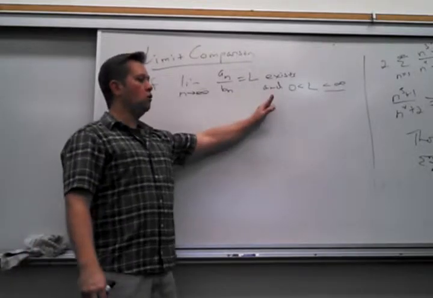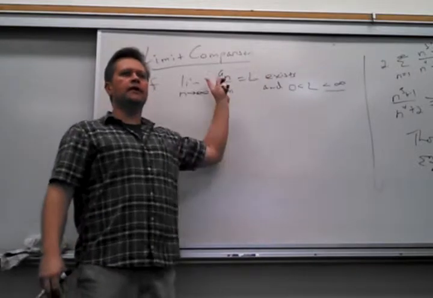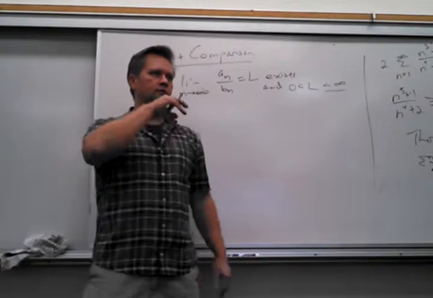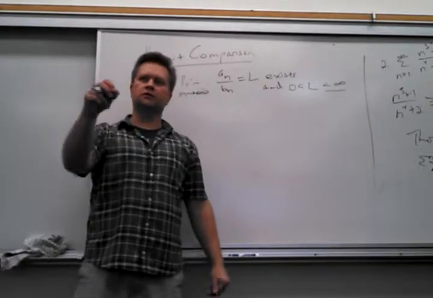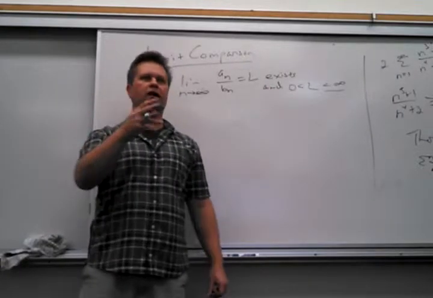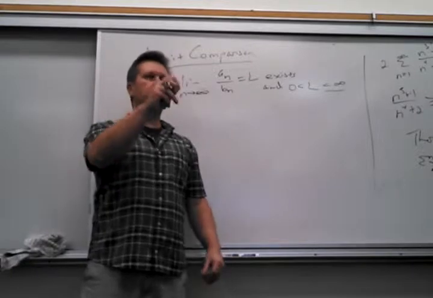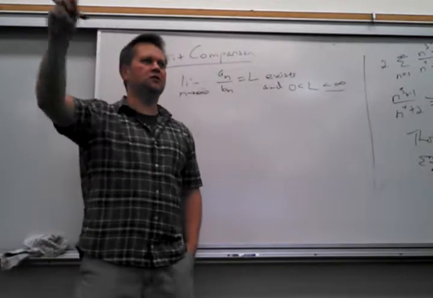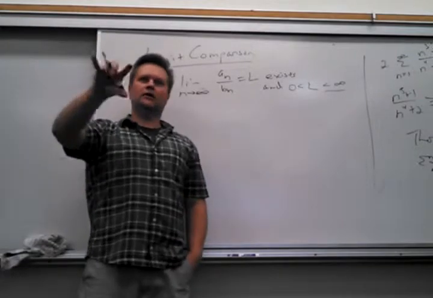If it's 0 or if it's infinity, this test is inconclusive. Go try another test. And that happens decently often, actually. So it's an easier test to use, which very often means it only works in certain situations. It's kind of the trade-off.